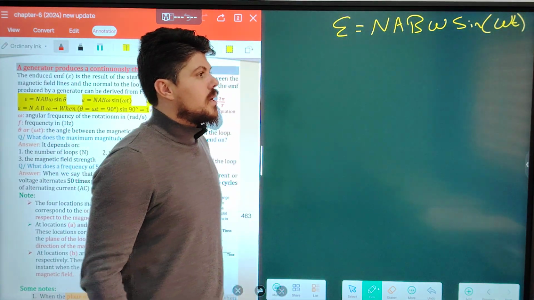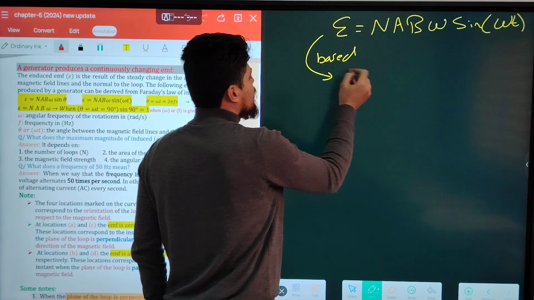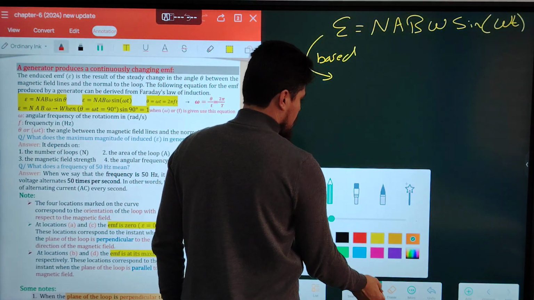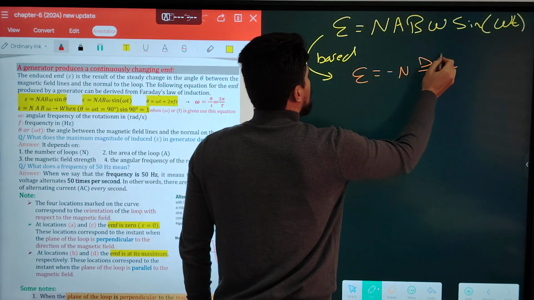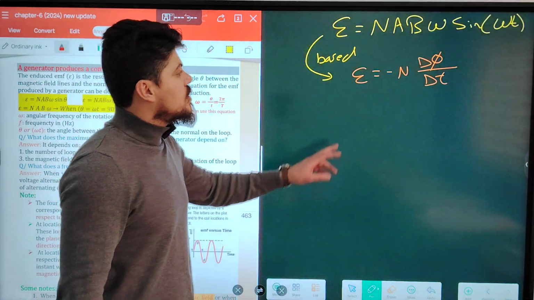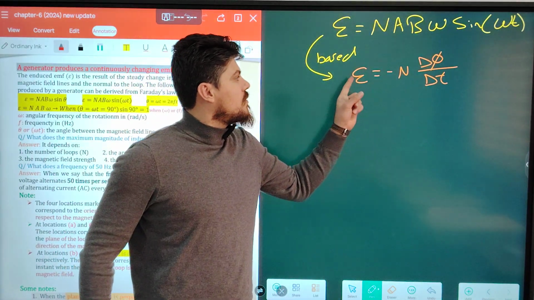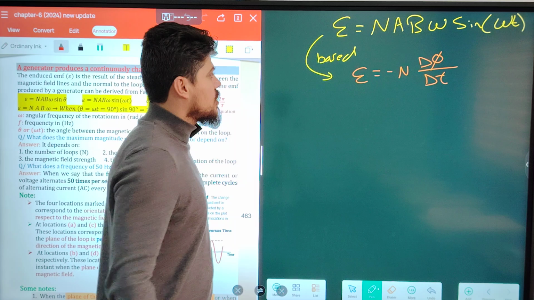to use this relation. Guys, this equation is derived from Faraday's equation: change in flux over delta t, the derivative of cosine theta as a function of time.